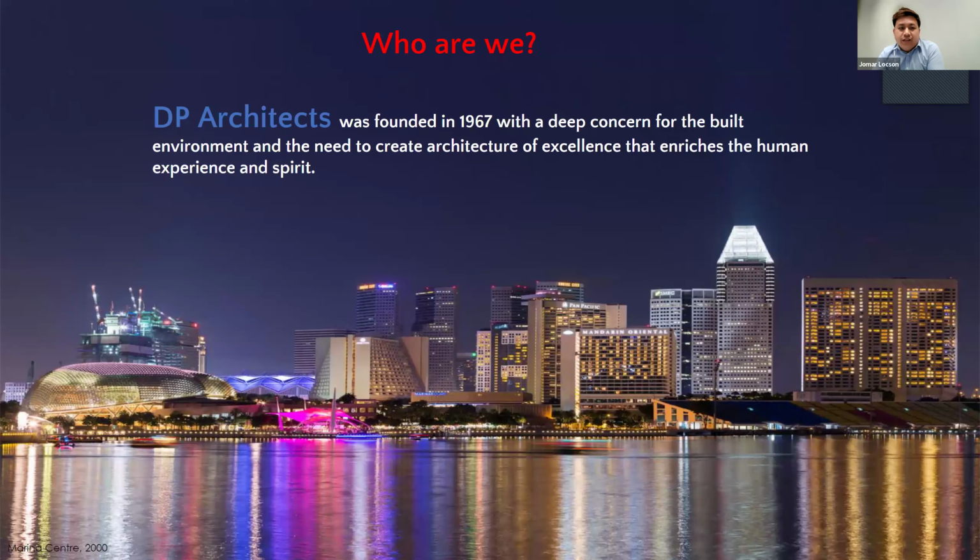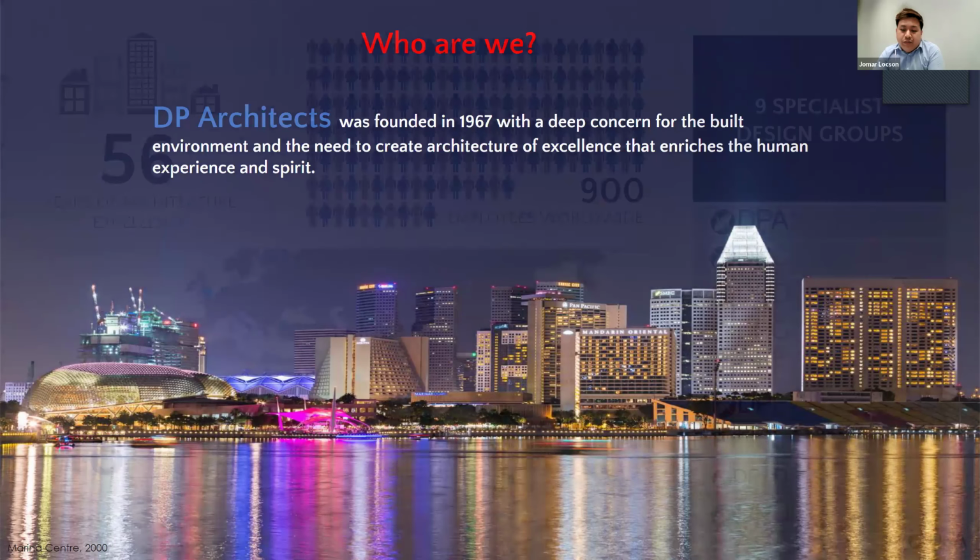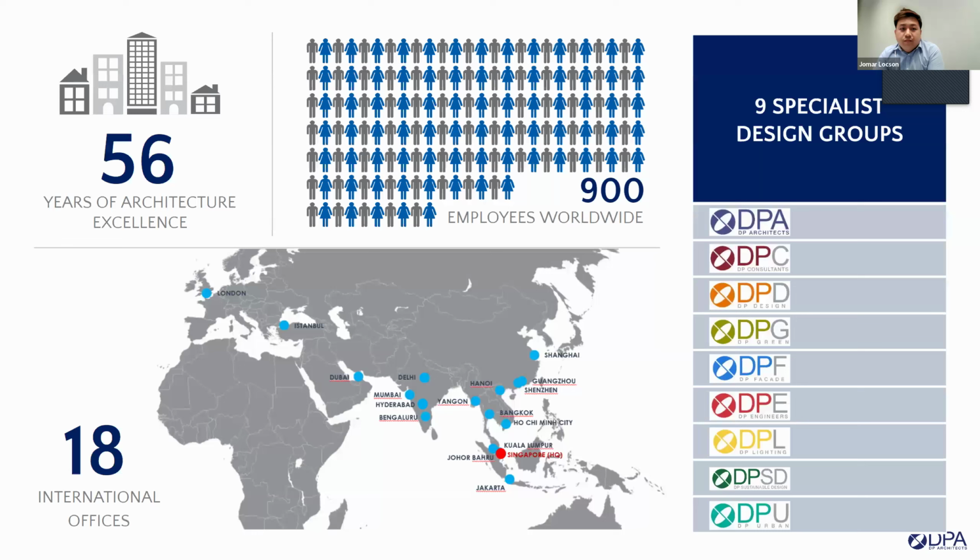Just a quick introduction of our company. DP Architects was founded in 1967 with a deep concern for the built environment and the need to create architecture and excellence that enriches the human experience.